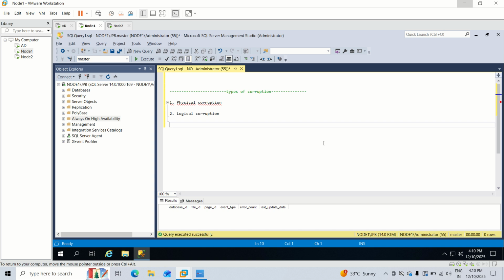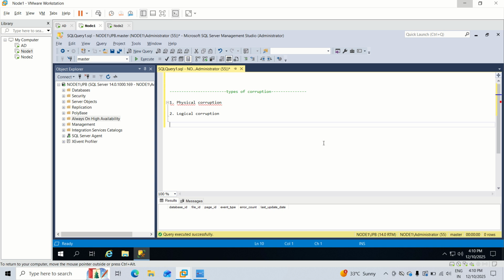Some symptoms are error 824, incorrect B-tree links, missing index rows, and wrong data values.